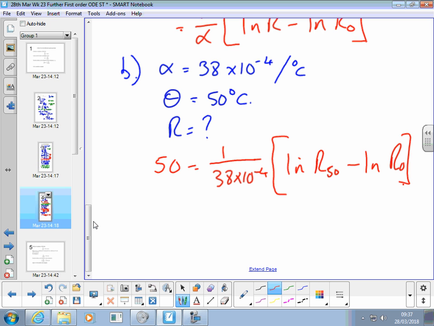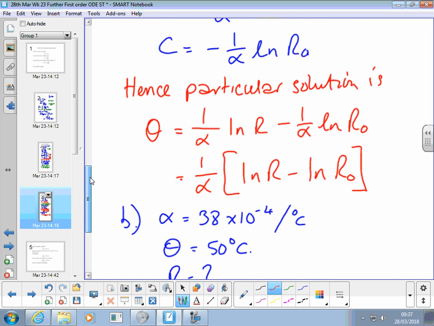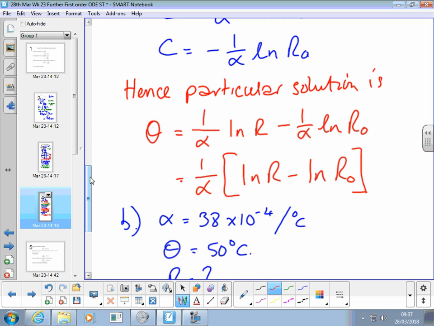Just before we go into that, can you remember the laws of logarithms for one log subtracted from another? Because the point I'm making is there's a further simplification of that solution. Laws of logarithms.